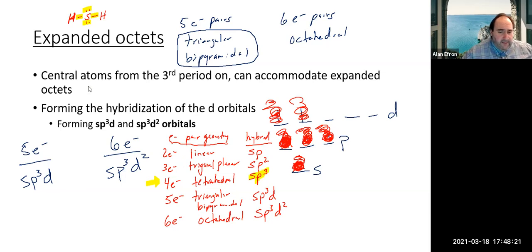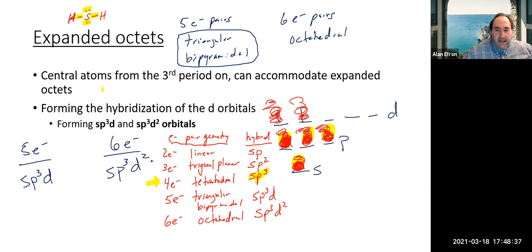And that is the best way to do it. If you were starting from scratch, you would start here and go 1, 2, 3, and 4. That would give me sp3. That's the approach you should take with hybridization.